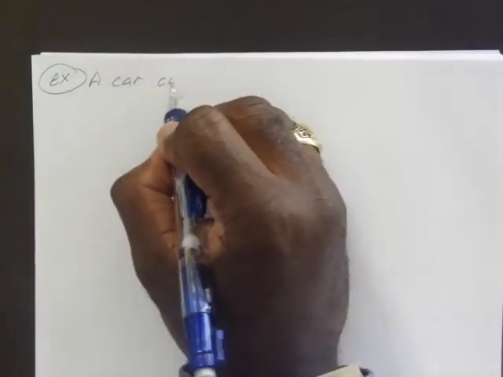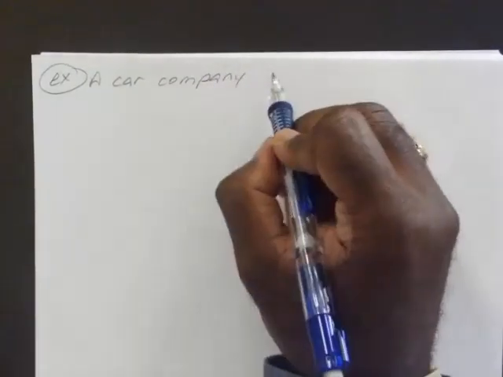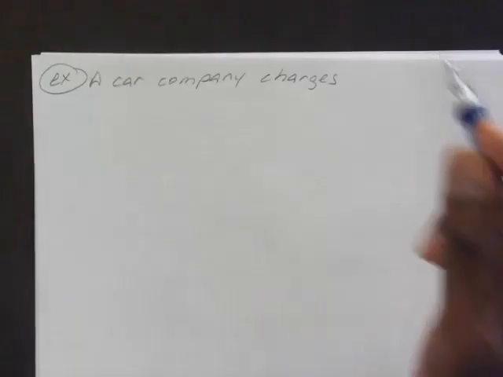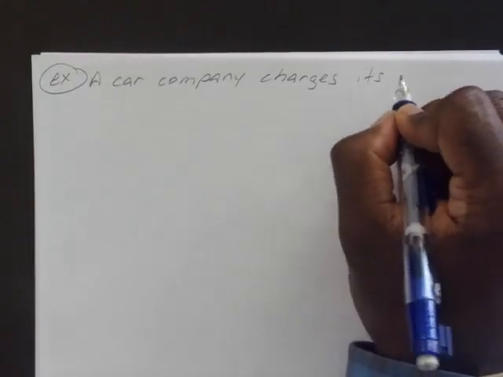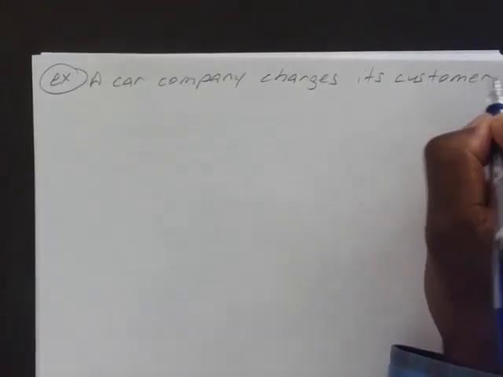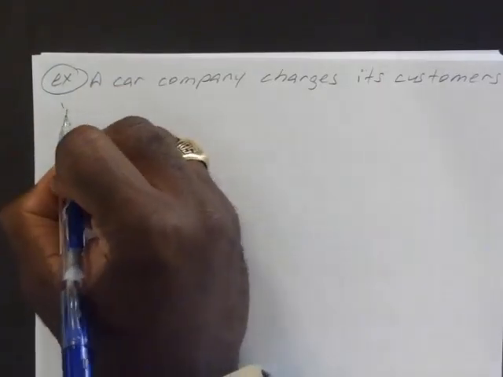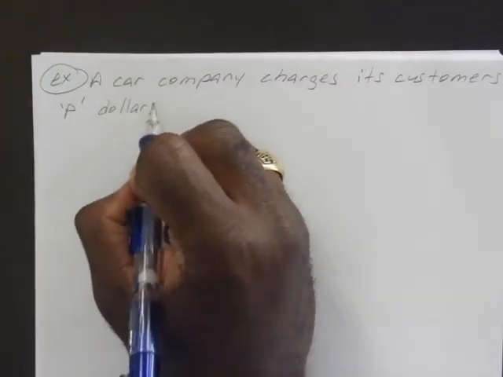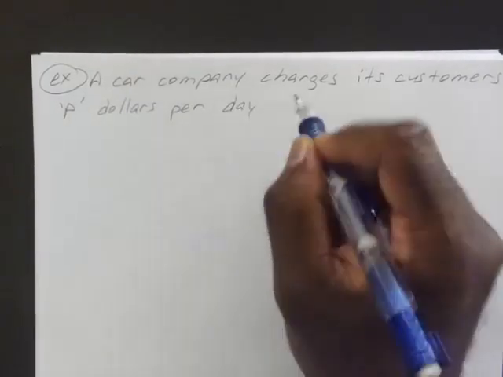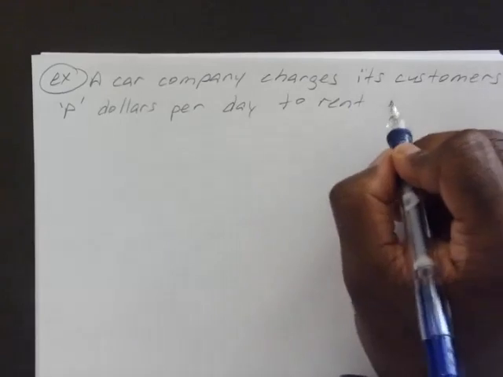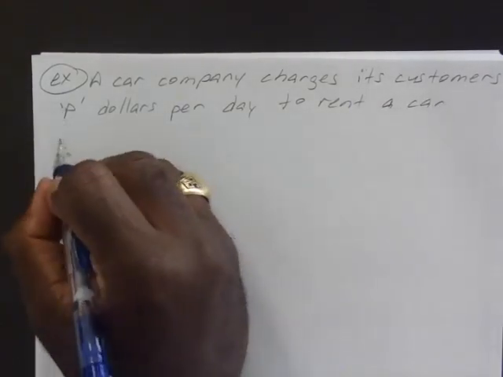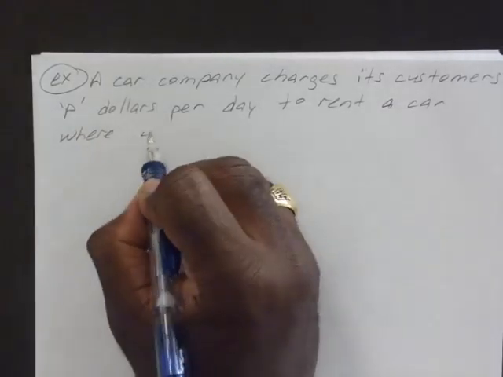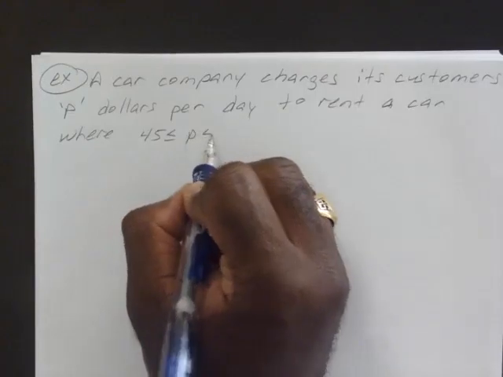So let's say, for example, a car company charges its customers some unknown value we'll call P, number of dollars per day to rent a car, where we know that the price is somewhere between $45 and $200.